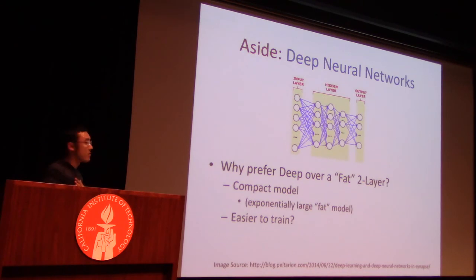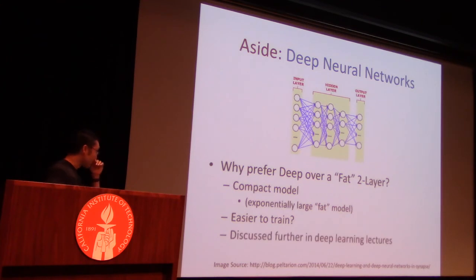It turns out that deep neural nets can often be easier to train than shallow neural nets because the depth in itself imposes a form of regularization. We'll touch on that later in the course. So this is discussed further in the deep learning lectures. I just want to sort of briefly introduce this.